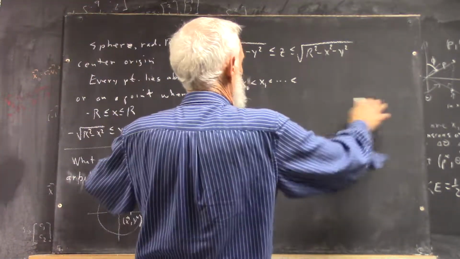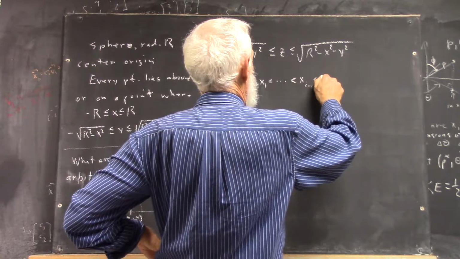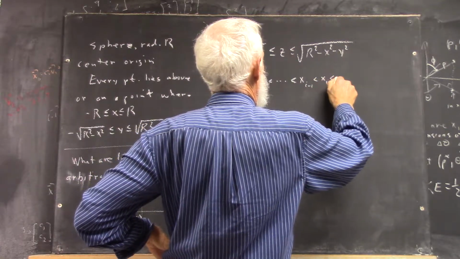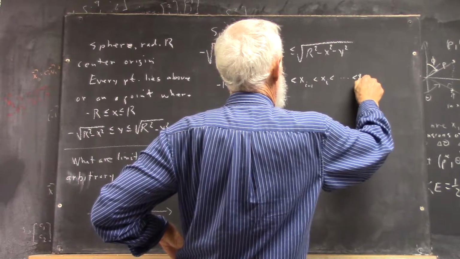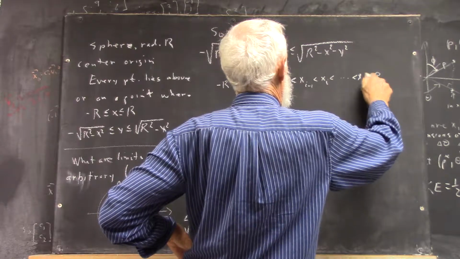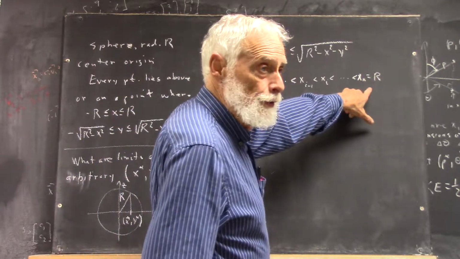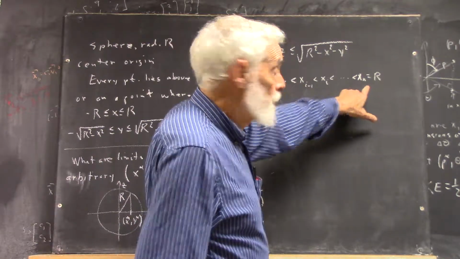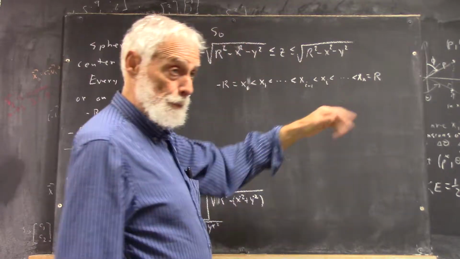Well, obviously I'm not going to write all these because we don't know how many there are going to be, but so we have a partition consisting of n intervals. This is your typical subinterval. This could stand for any subinterval.